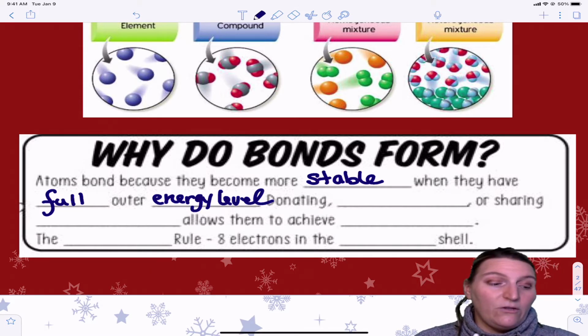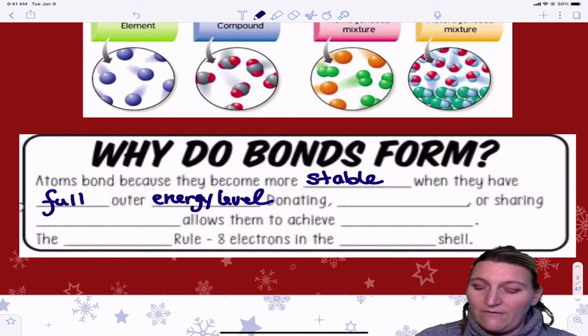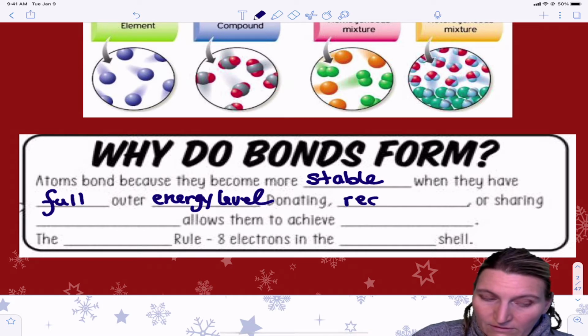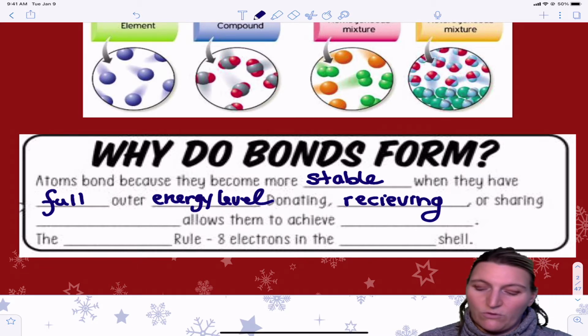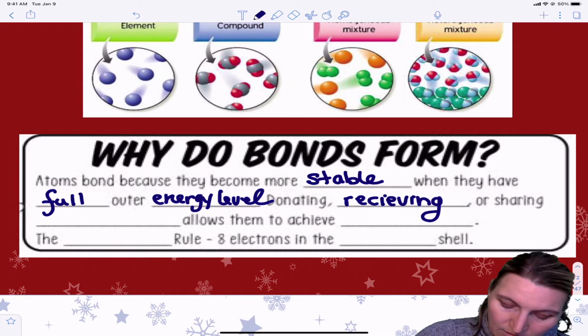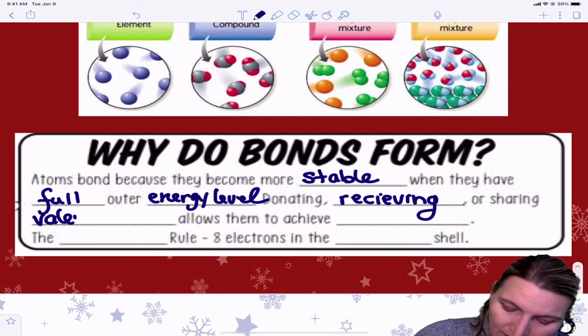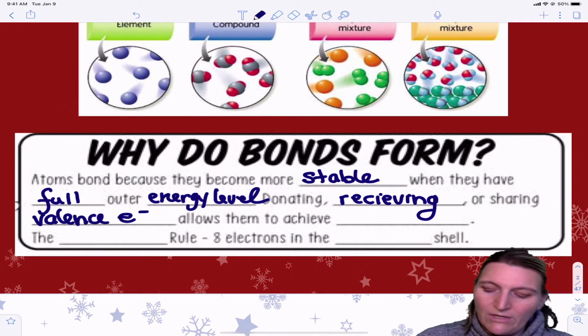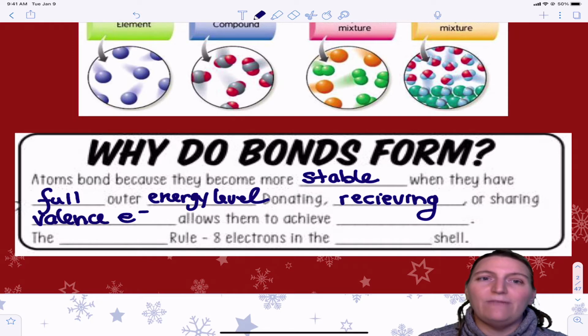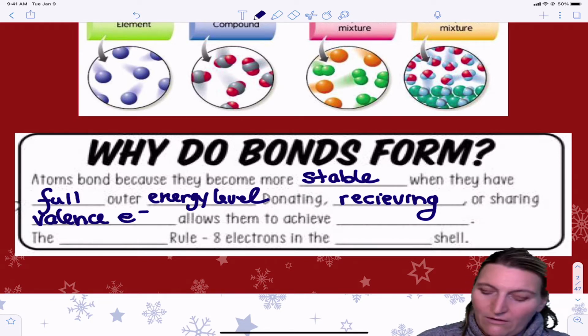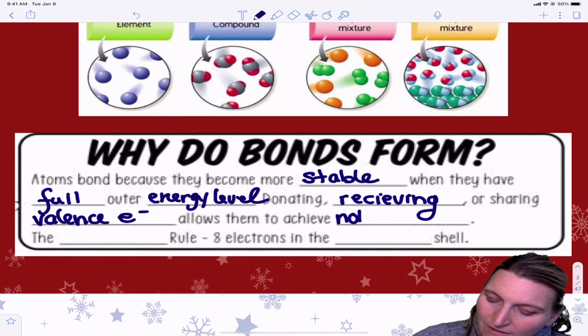They can donate electrons, that means give them up, they can receive electrons, or they can share electrons. Specifically, it's only the valence electrons that are involved. And when an atom shares or receives or donates valence electrons, it allows it to achieve that noble gas configuration.